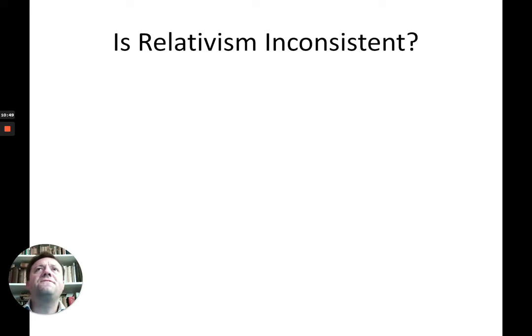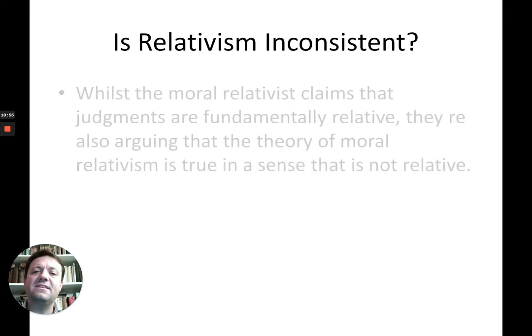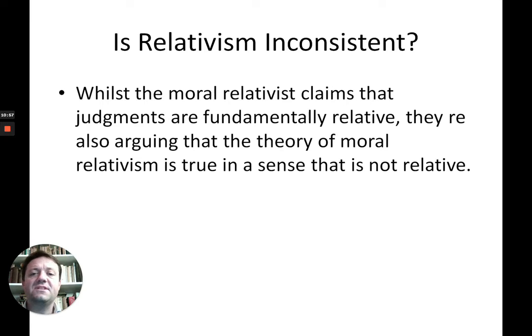There is perhaps a further question mark to be put over relativism, and that is the thought that it is inconsistent. Whilst the moral relativist claims that judgments are fundamentally relative, they're also arguing that the theory of moral relativism is true. Now, if it's true, it's not relative. So there seems to be a question mark to be raised there as well.